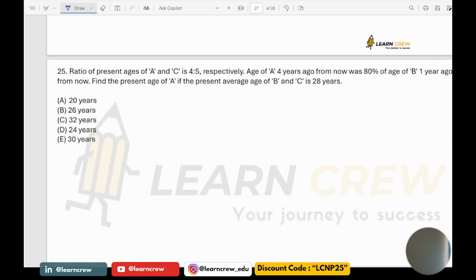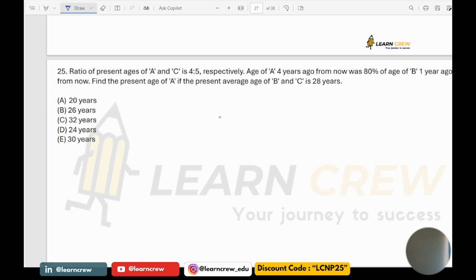The ratio of the present ages of A and C is 4:5. Age of A 4 years ago from now was 80% of age of B 1 year ago from now. Find the present age of A. The present average age of B and C is 28 years.